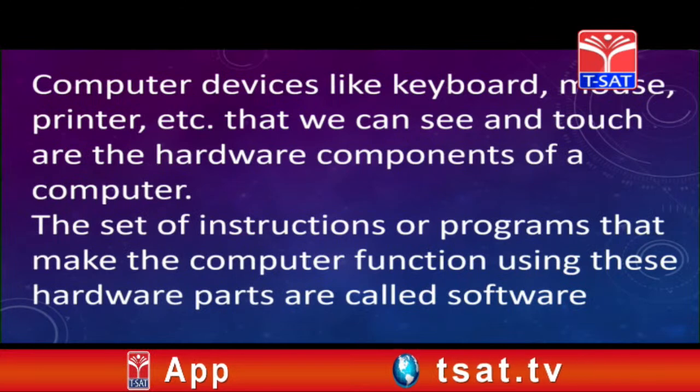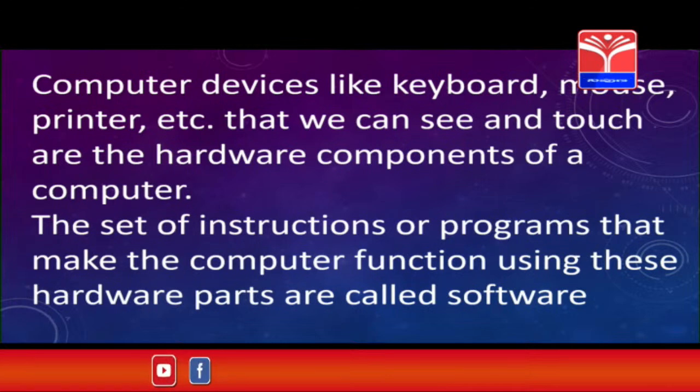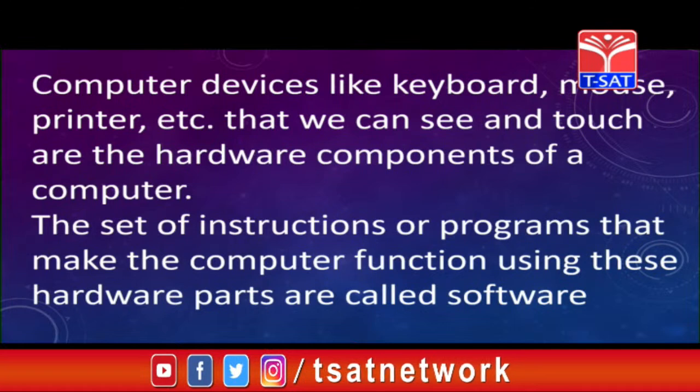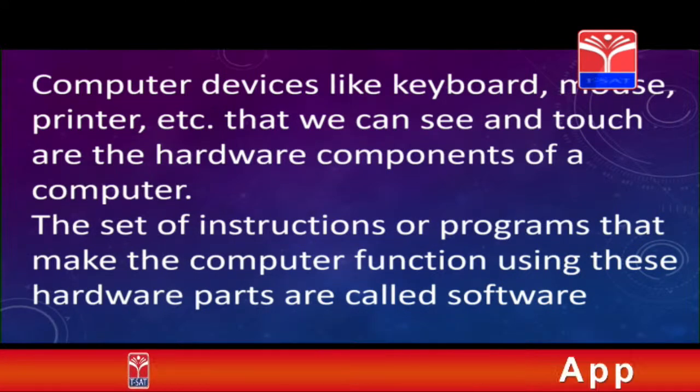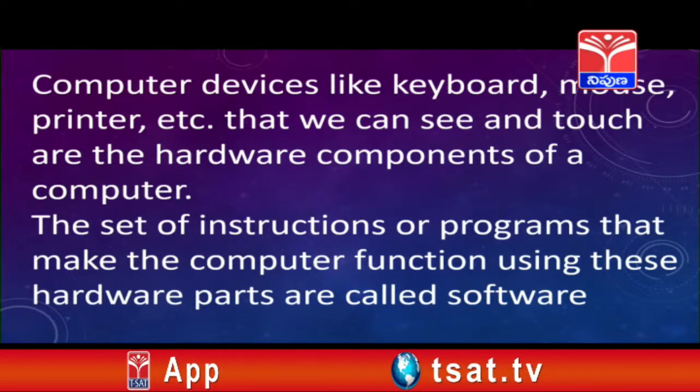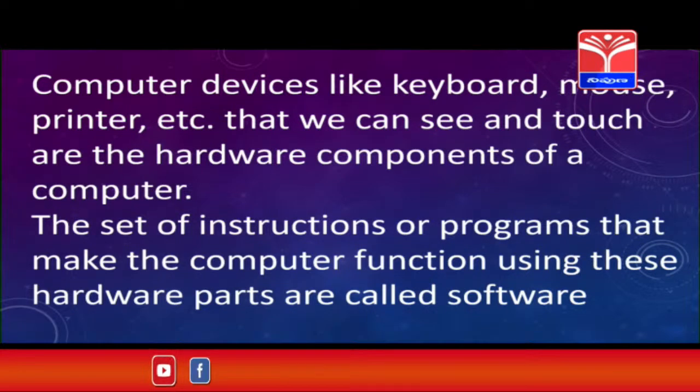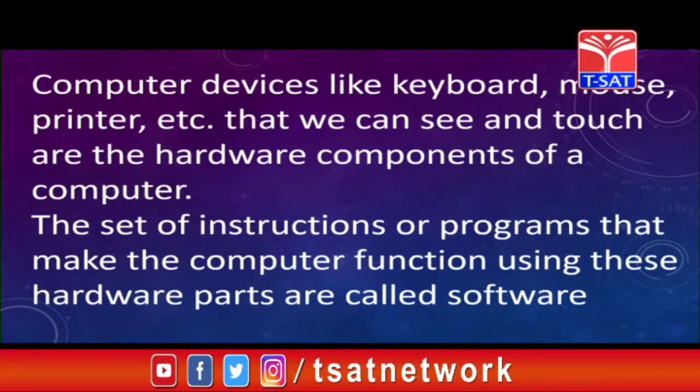Computer devices like keyboard, mouse, printer, etc., that we can see and touch, are the hardware components. So here we call it a keyboard, mouse, printer; even the monitor. All this comes as hardware. The components of a computer are simply called hardware. The set of instructions or programs that make the computer function using these hardware parts are called software.